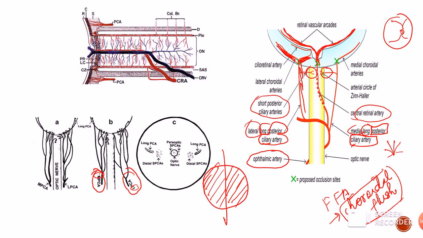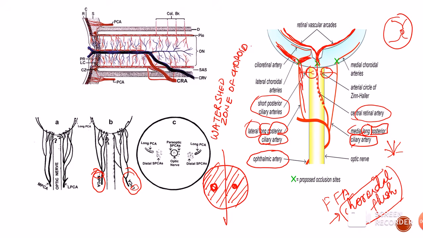This demarcation line is present somewhere between the optic disc and the macula. The part where these two arteries supply and meet is called the watershed zone. That's called the watershed zone of the choroid.